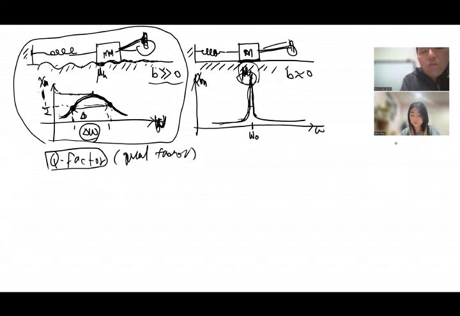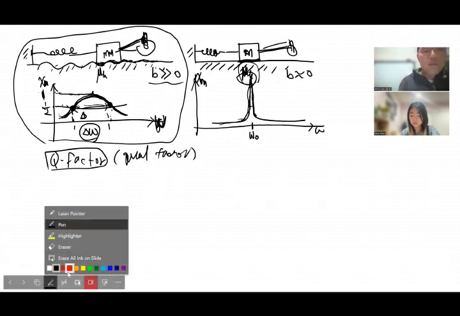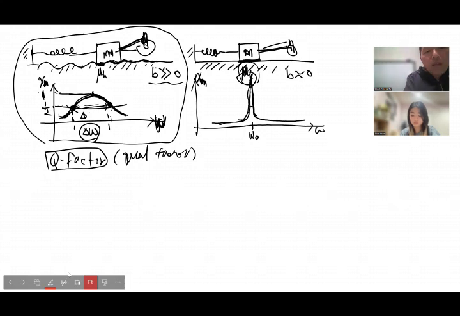and there might be 2 points, let me change the color. So if you pick up the maximum point and then take half of it, then there might be 2 points where the line comes across, 1 and 2, and the difference between those two is called delta omega, that is the bandwidth.